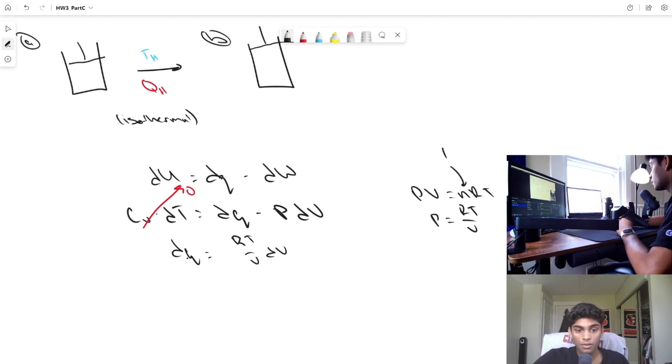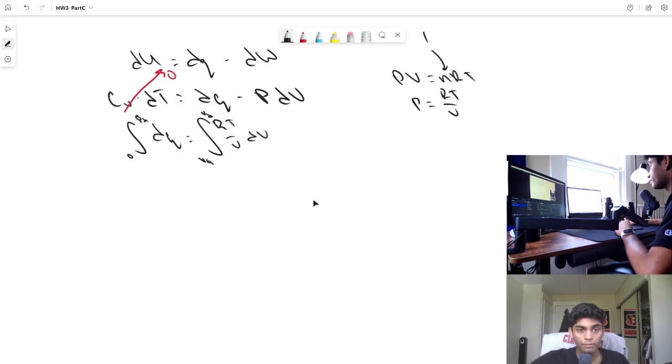Now, since both have differentials in here, we can go ahead and integrate both sides. For this one, we're going to go from 0 to QH, which is what we are trying to find out up here. And for this one, we're going to go from the volume in A to the volume in B.